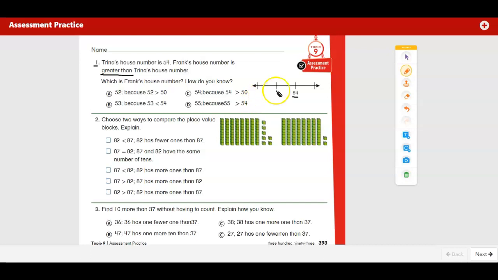So remember, Trina's house number was 54, and it says Frank's is greater than her number. Which of these statements below would be the correct answer? Fill in just one of these answer bubbles for number 1.